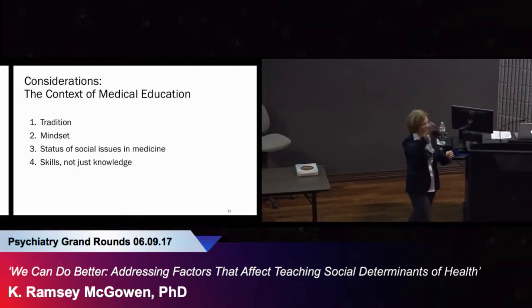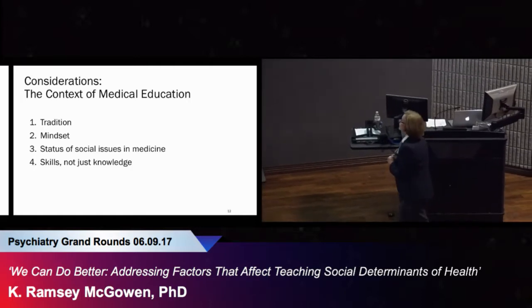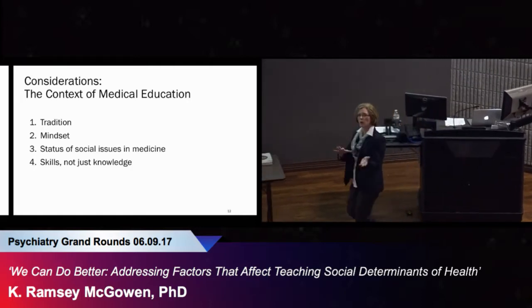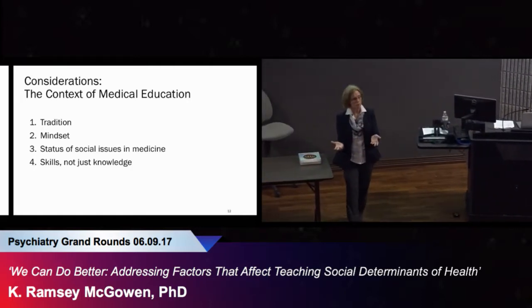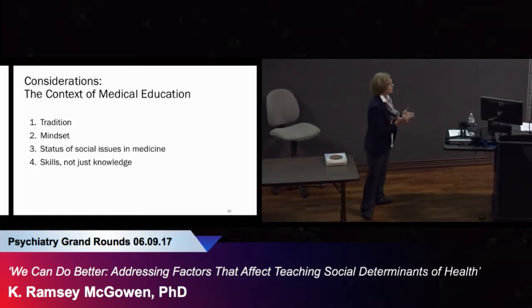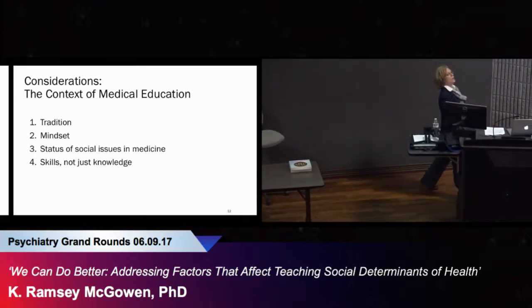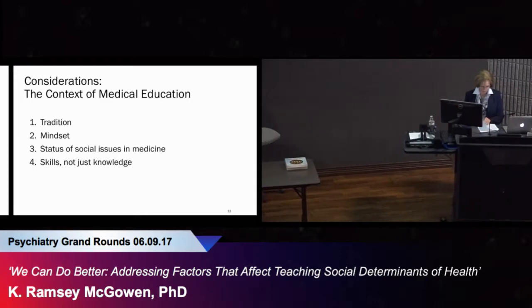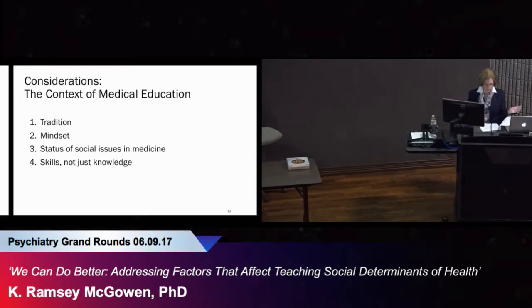So, objective 5. You know what the 5 are. Now I'm going to talk about some of the factors, really the heart of the presentation: the factors that affect how we educate our trainees, our students, and ourselves about social determinants of health.